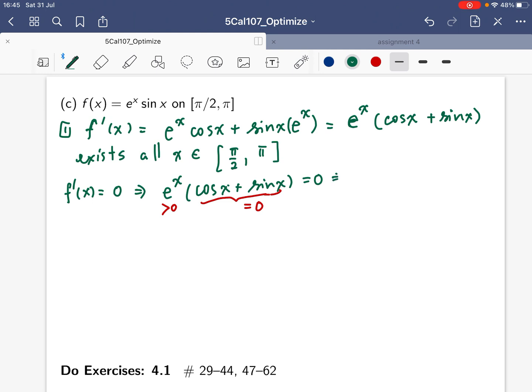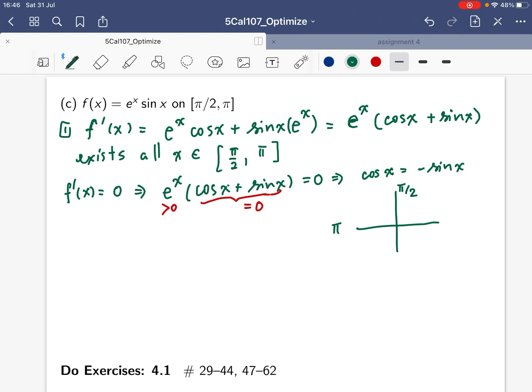So it means that your cosine equals negative sine. At which value is your cosine a negative sine? Right now you are considering pi over 2 to pi, right?